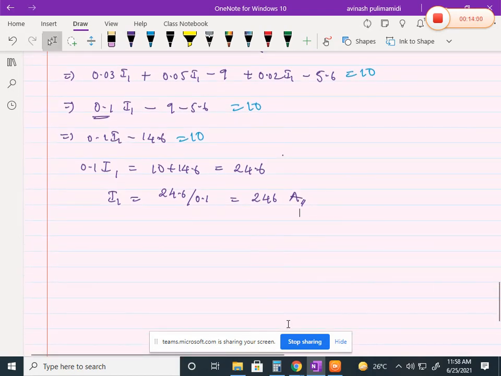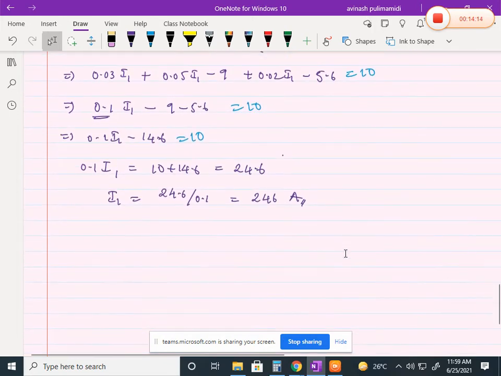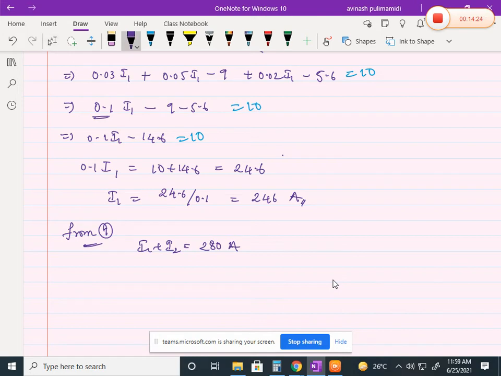So similarly, substituting the value of I1 in equation 1. What do you mean by equation 1? Let us take this one as equation number 1. Now we got the I1 value. How to find I2? From 1, I1 plus I2 is equal to how much? 280 amperes. Now we have the value of I1.